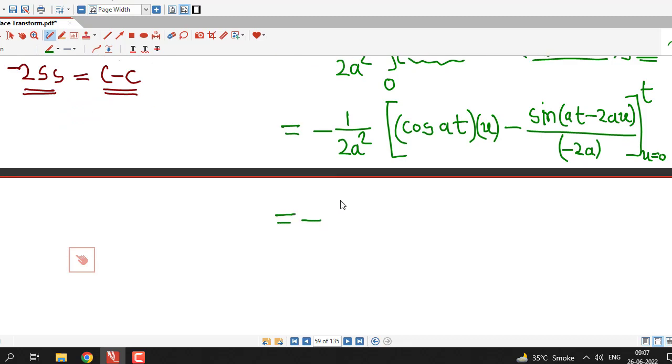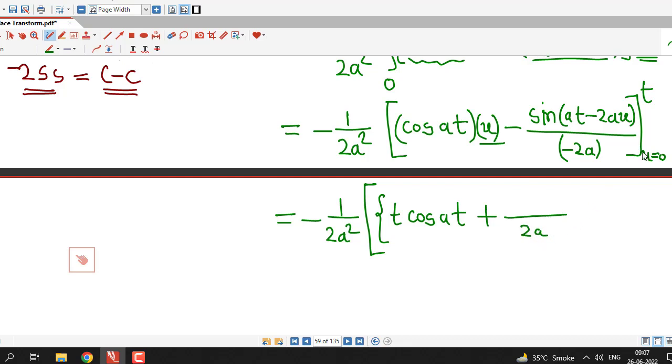Now I substitute limits of u. First I put u equal to t. If I take u equal to t, I will have t times cos at. This negative positive, in the denominator we have 2a. We put u equal to t, that is sine of at minus 2at. At minus 2at is sine of minus at.